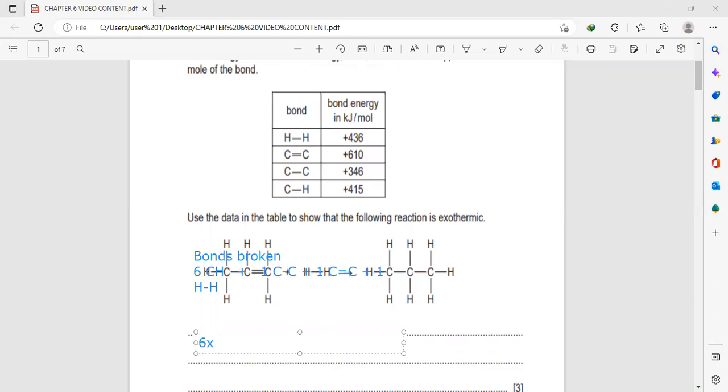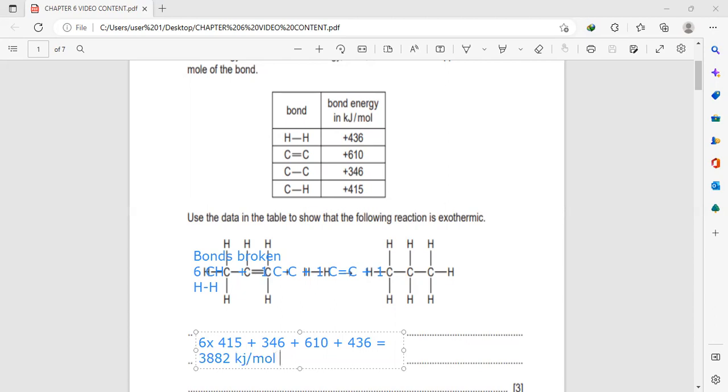Once you calculate the total, it is 3882 kilojoules per mole.